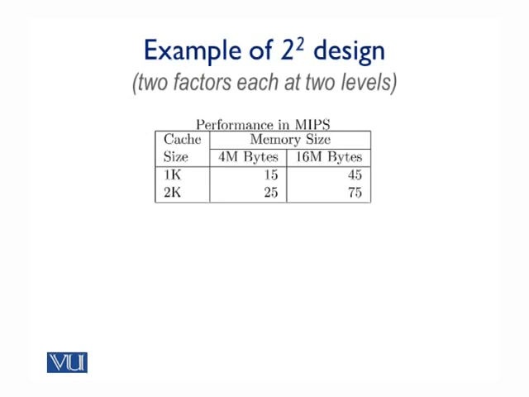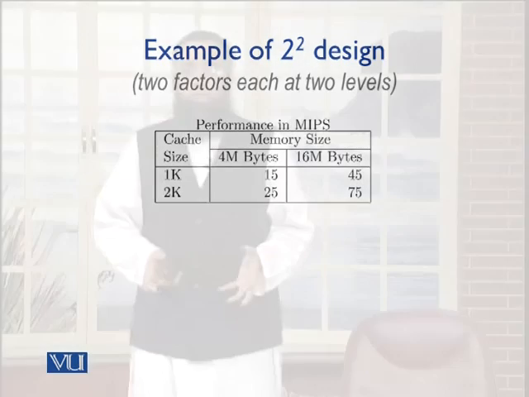The cache size has two levels, 1K and 2K, and the memory size also has two levels, 4M bytes and 16M bytes. So in a 2² factorial design, you will need to perform 4 experiments, and that is your design. You perform the experiments, you get the results, the values for these 4 experimental runs, and those observations are listed in the table on the slide now.